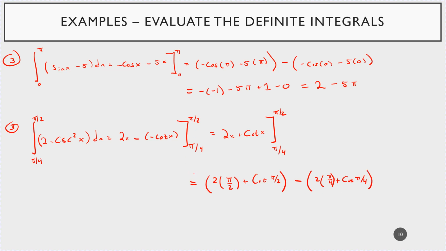Okay, be careful here. Be very careful, right? If it helps to remember, cotangent of x is equal to cosine of x over sine of x, if that helps.